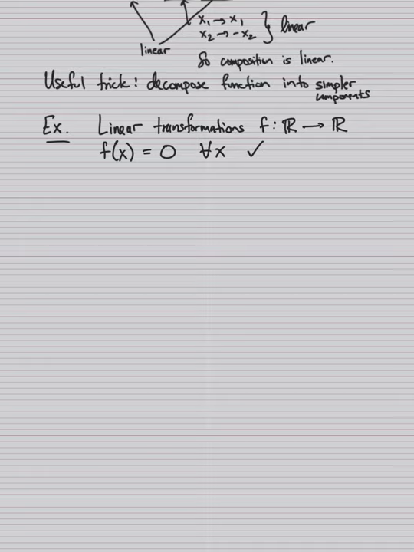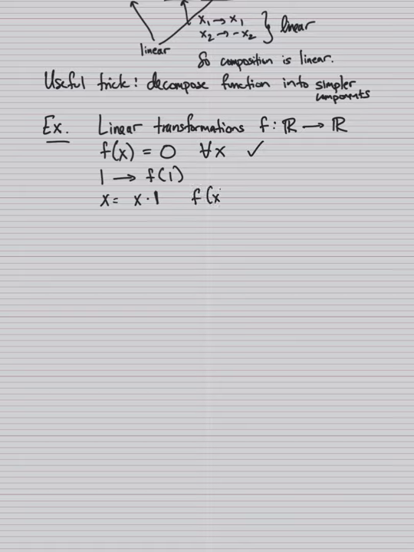What are the other options? Well, notice given any linear transformation f, I have 1 goes to f of 1. But now I know exactly where any x goes, right? I'm thinking of x times 1. Here I'm thinking of x as a scalar, here as a vector.